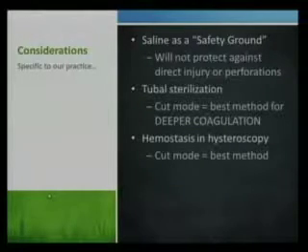So if you're using monopolar for a tubal sterilization, it's actually best to use the cut mode. This doesn't apply to bipolar because you're using a lower voltage and that's a little bit different. But if you're using monopolar and you're performing a sterilization, cut provides better desiccation.